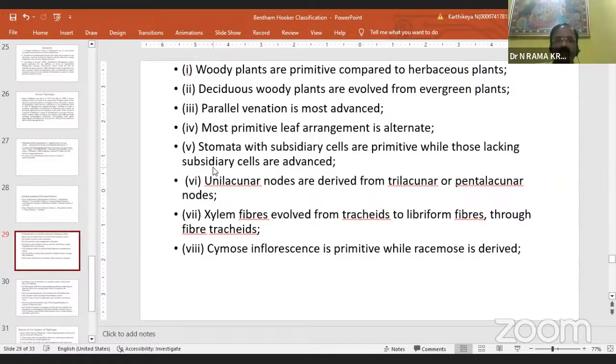Takhtajan's classification: Tea plants are primitive compared with herbaceous plants. Deciduous plants evolved from evergreen plants. Parallel venation is most advanced. Xylem fibers evolved from tracheids to form fibers.